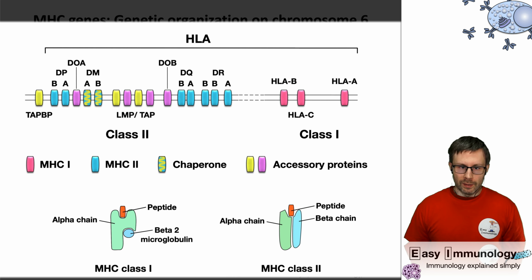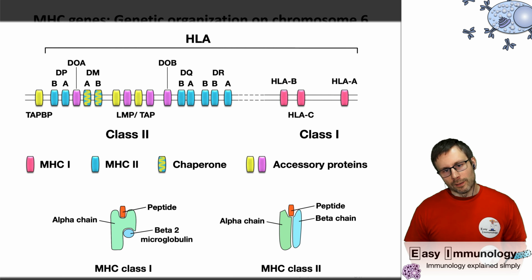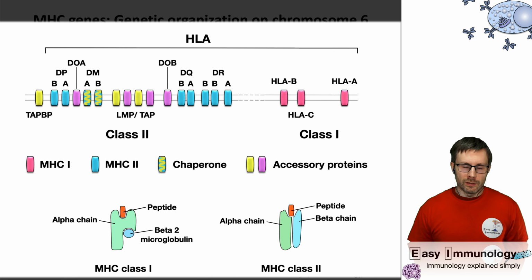You see they consist of an alpha and a beta chain. And the MHC or HLA molecules in the human system are called DP, DQ, and DR. And they always have an alpha and a beta chain coded by an A and a B gene. And for the DR molecule, we have even 2 B genes.